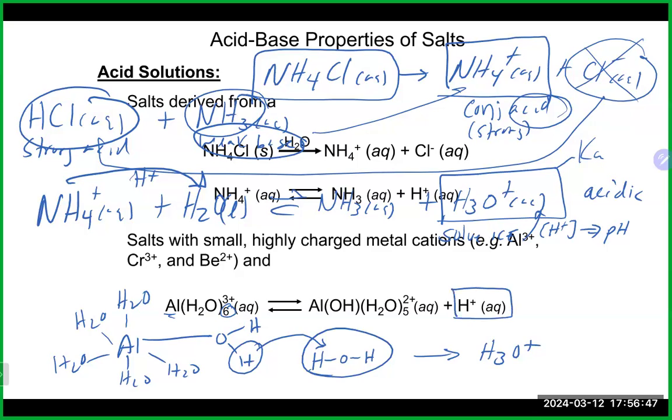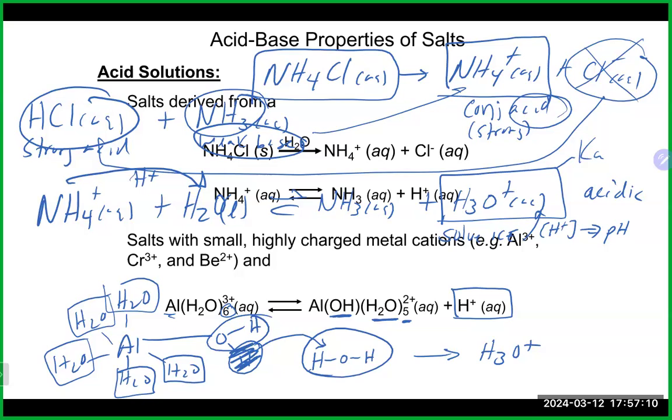The result of that is it will form H3O plus from this guy by accepting the H plus. And that is what we see here. What we are left with in terms of our complex ion is 1 water that hasn't been touched, 2 waters, 3 waters, 4 waters, and 5 waters that have not been touched, which is why it still has that number of waters intact. And what we took off of one of the waters was an H, which leaves us an OH, which is where that comes from. And the sign also changes because that's OH minus.